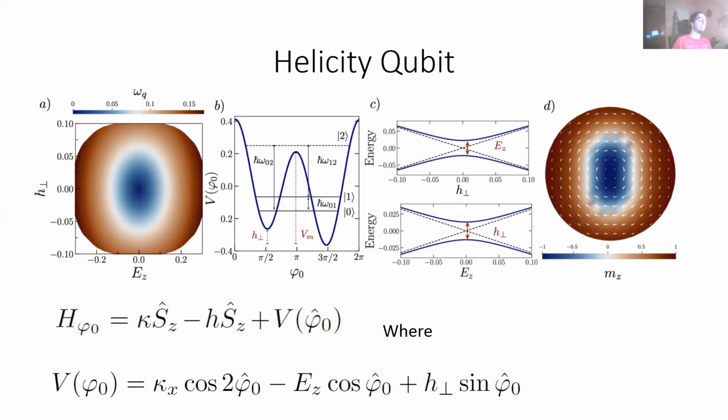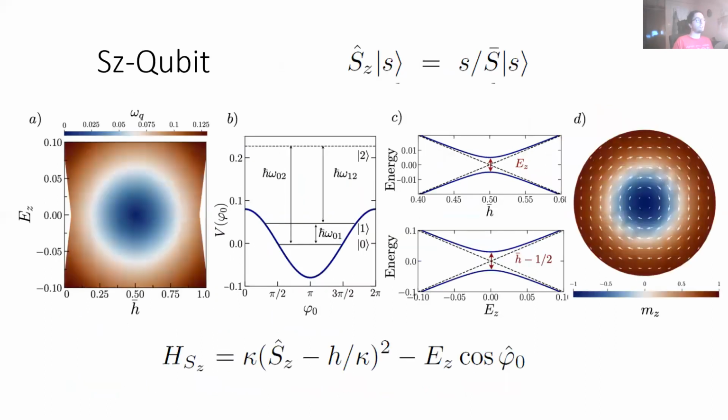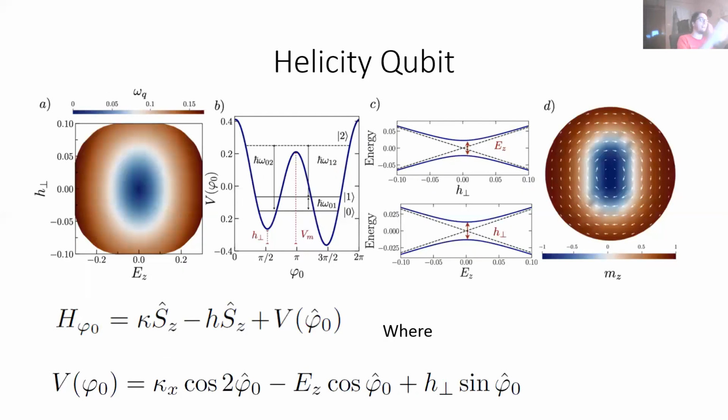And by the way, I also added its Hamiltonians. I don't know how many of you had a quantum mechanics class, but I already had the Hamiltonians of these physical mechanisms when we measure the system with SZ and when we measure the system with the ψ0 helicity operation. There are results.